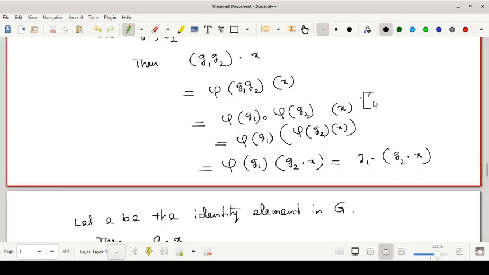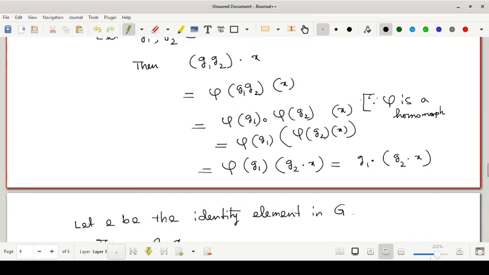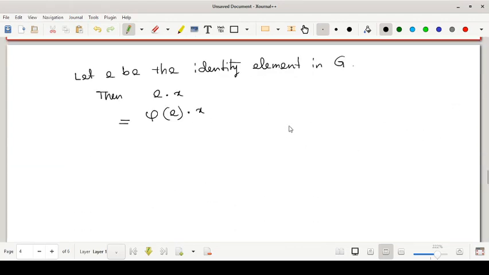Here we have used the fact that phi is a homomorphism. Now see, phi is a homomorphism from G to Sx, so phi of e must be the identity permutation in Sx. So phi of e of x is equal to x.